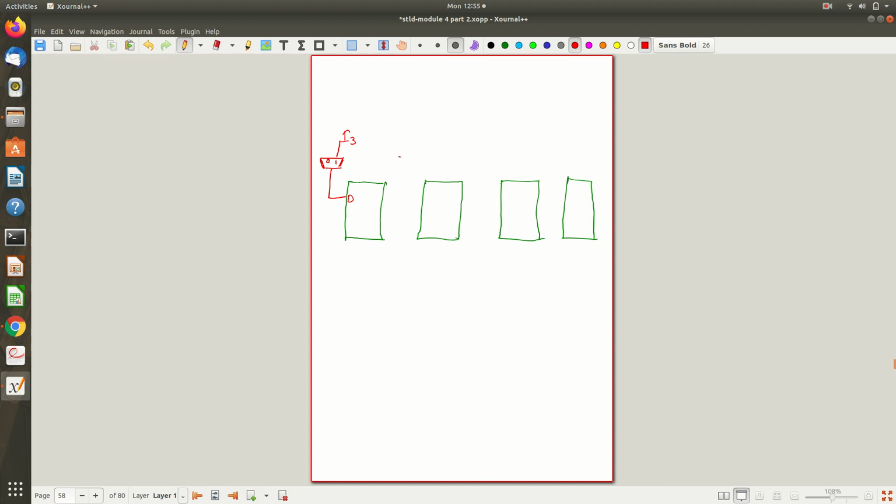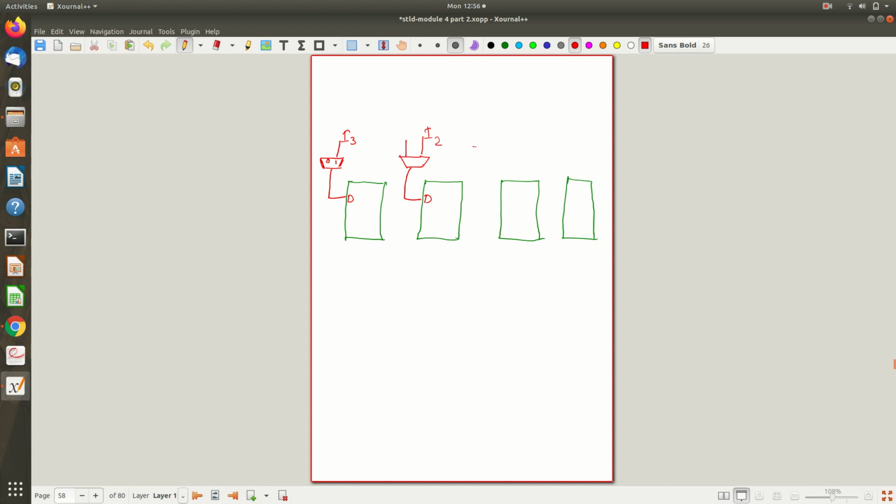Then another multiplexer is used here also. Its output I am giving to this D flip-flop. Here also 2 inputs will be coming. The next input bit will be I2.